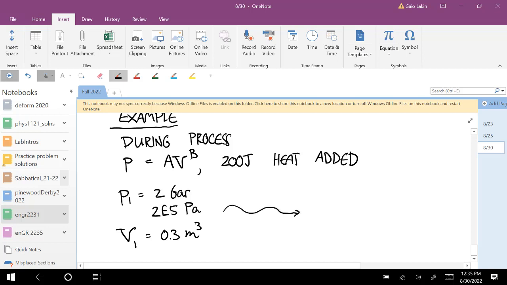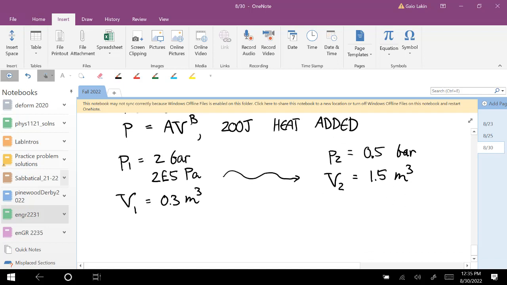And then at the end of the process, P2 is 0.5 bar and V2 is 1.5 cubic meters. We'll assume that there's no change in kinetic or potential energy.